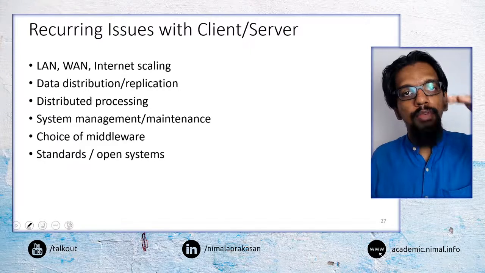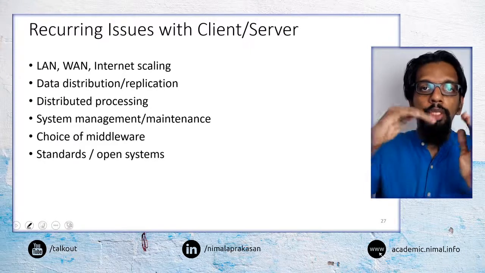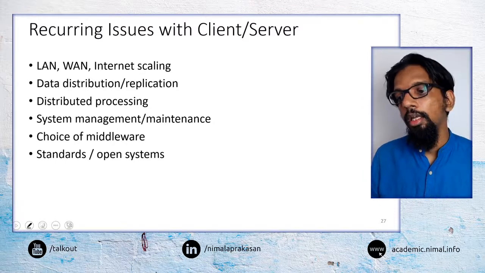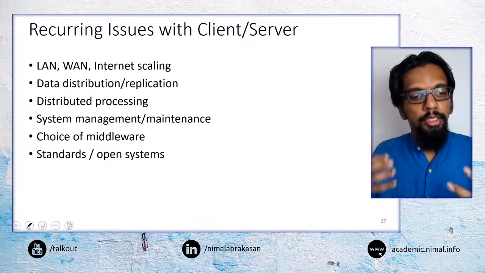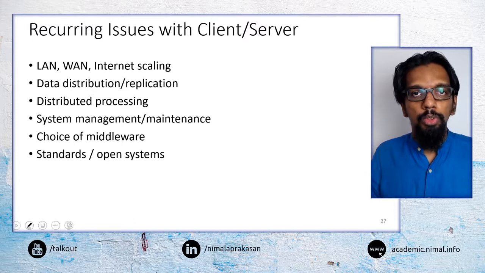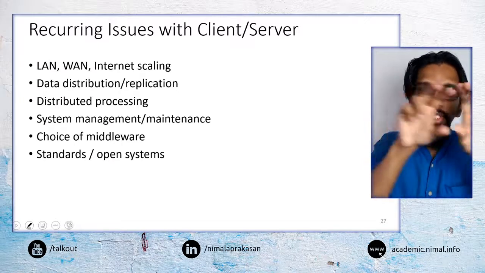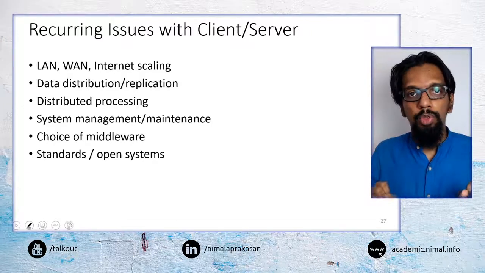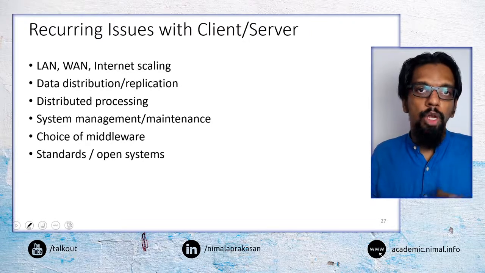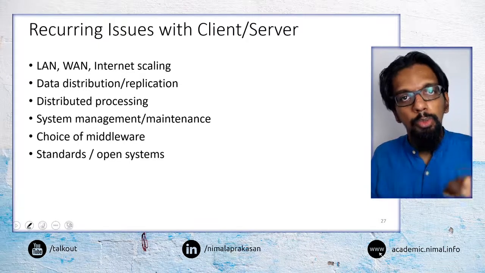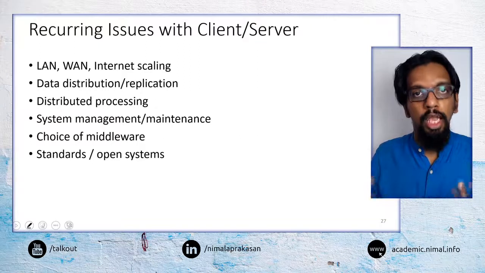Then we will have to have some level of middleware so that we are able to connect to these things in a much more effective manner. And one of the ways we will go about doing this is having standards. There will be certain standards so these things can talk to each other. If we talk about web servers and web clients, there is a standard way of talking between them.